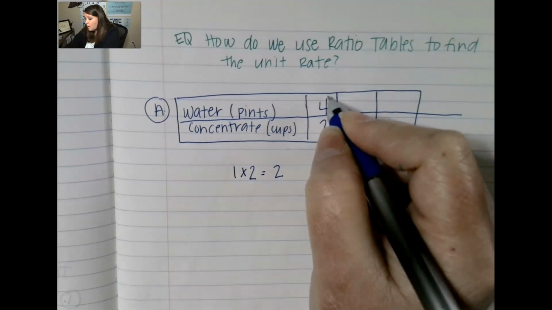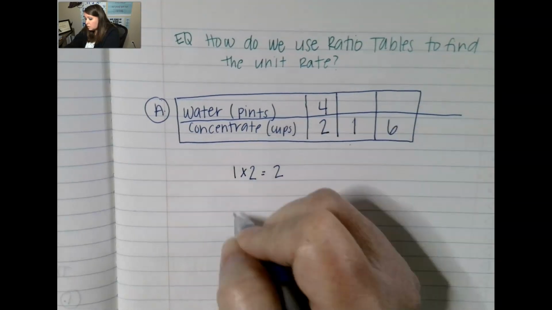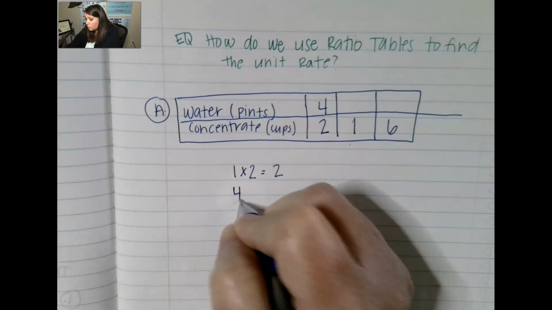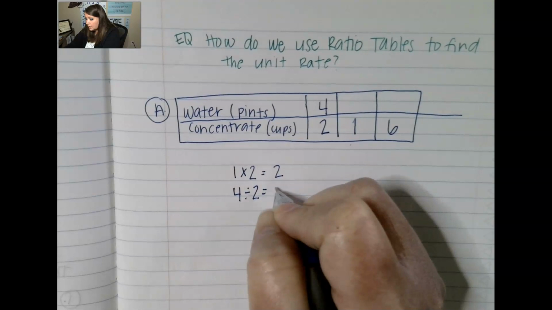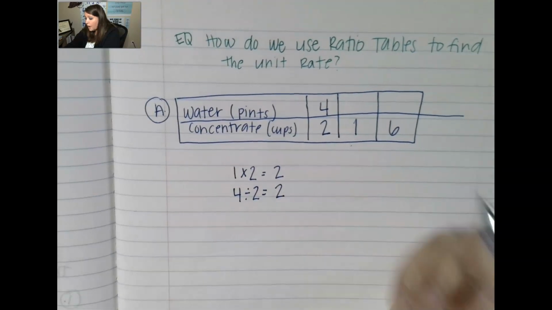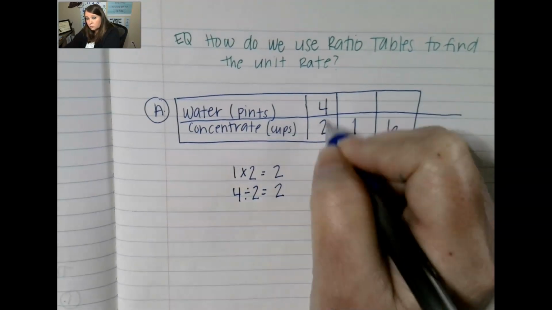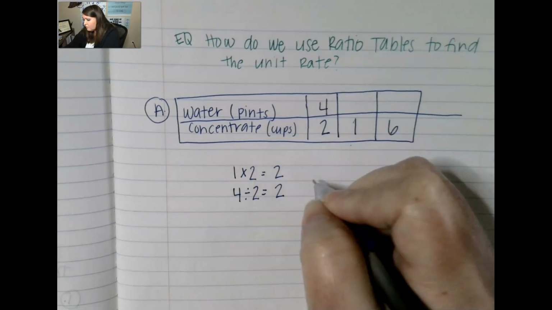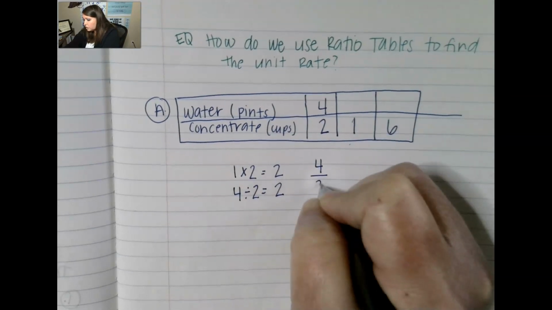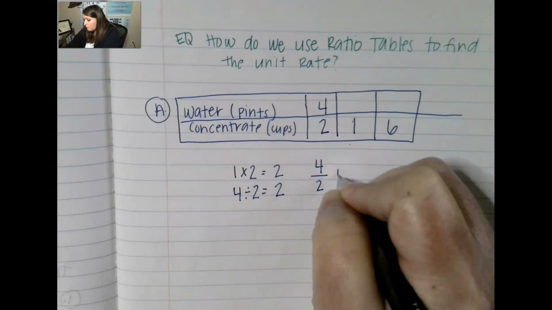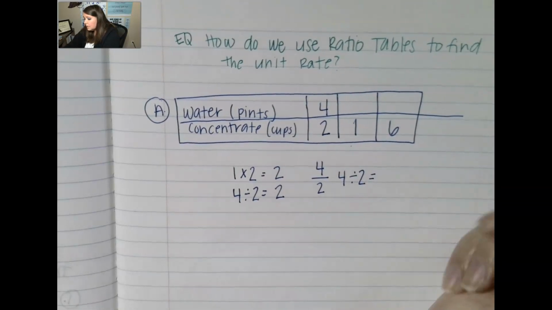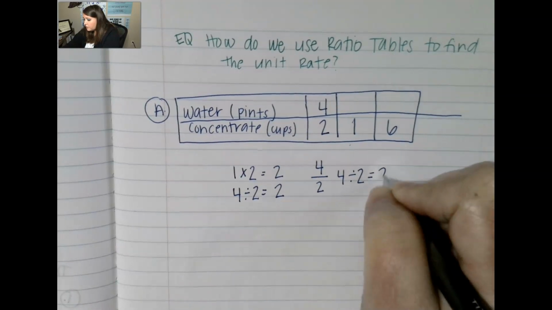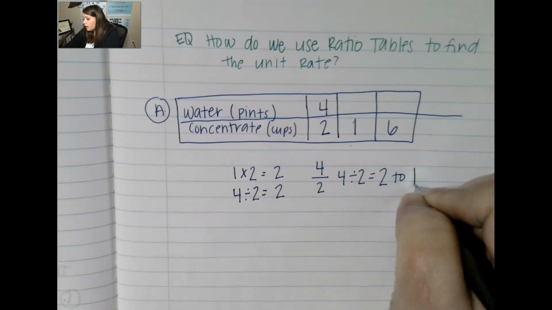So on the top, I have to do the opposite, which is divide. So 4 divided by 2, and that is going to give me 2. I could also look at this problem and say, oh, well, I have a ratio of 4 over 2, or 4 divided by 2. And that's going to give me a rate of 2 to 1.